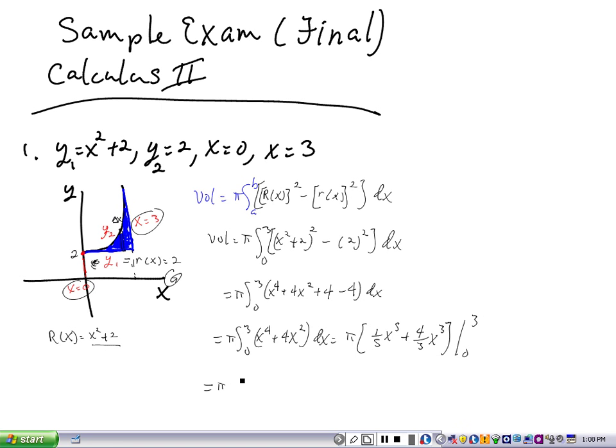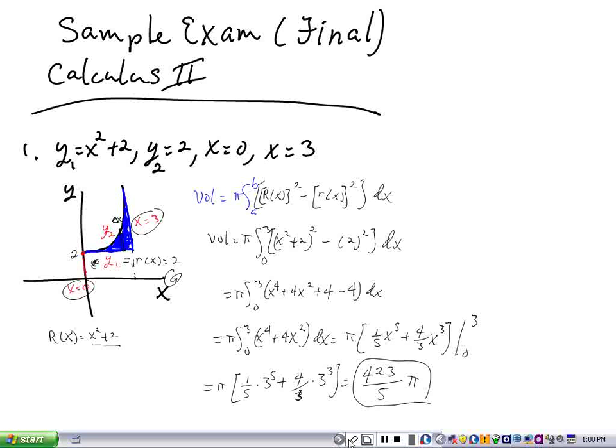We have pi there, and then 1/5 times 3 to the 5th plus 4/3 times 3 to the 3rd. Then you simplify all of that on the calculator and you get 423/5 pi. Is that okay?